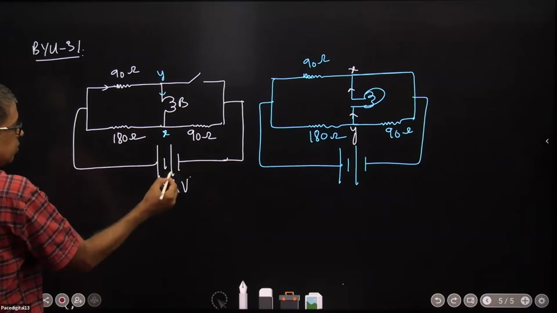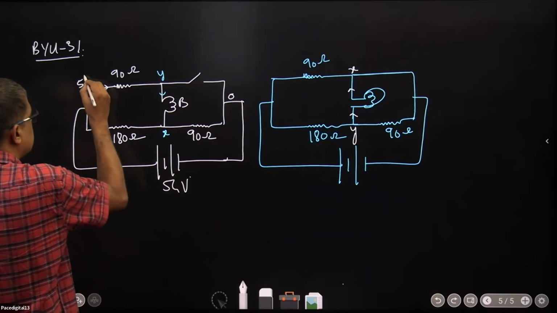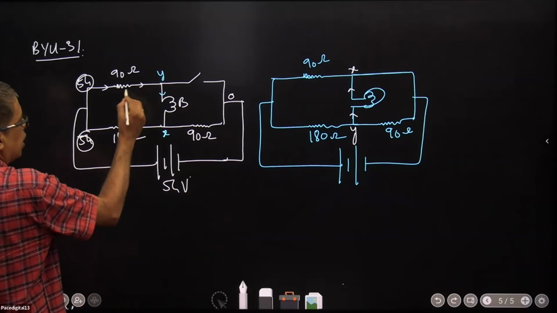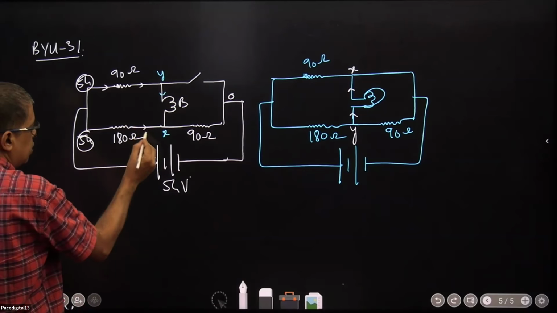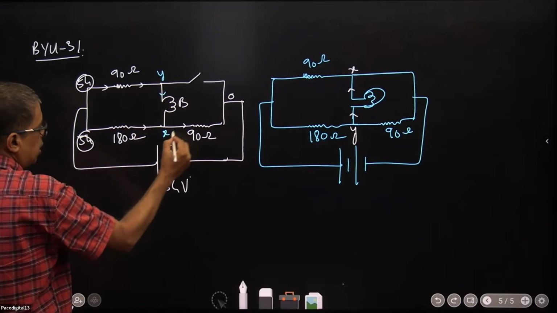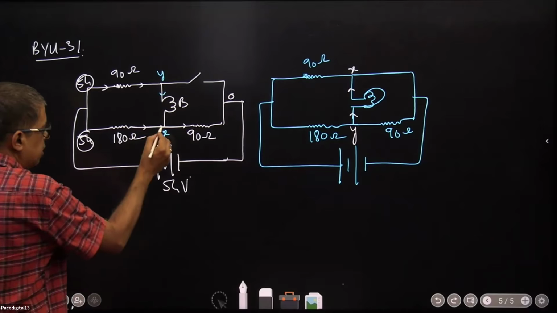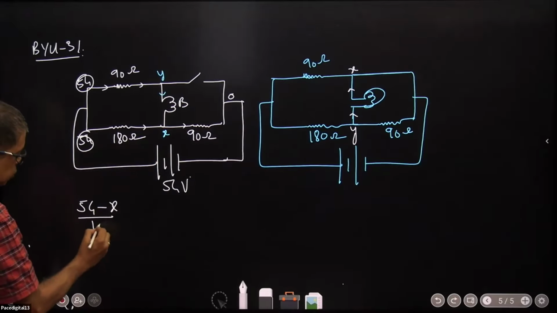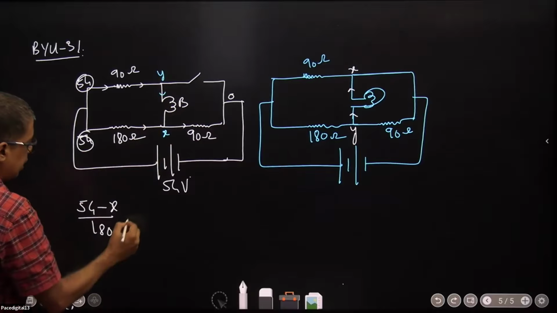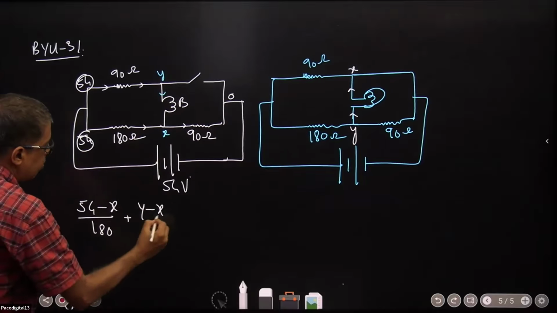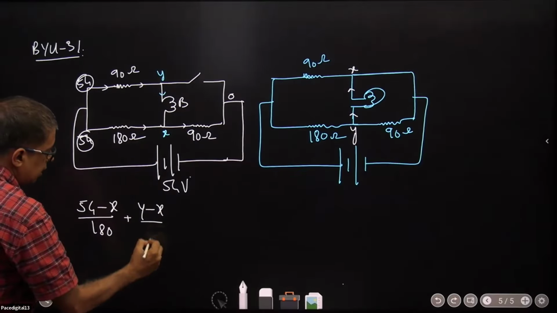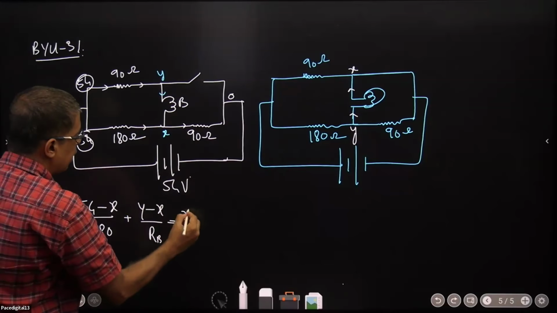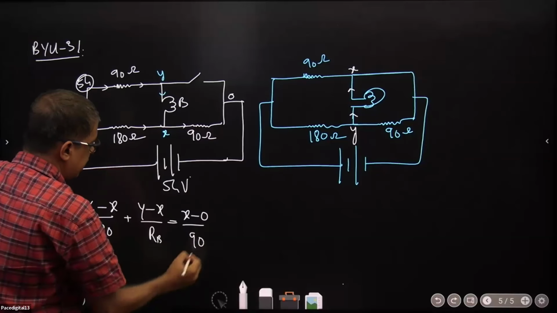Now your life will become simple. Now have a look at it. This is 0. This is 54. This incoming current should be equal to the outgoing current. At this junction, I will apply 54 minus X by 180 incoming current plus Y minus X by the resistance of the bulb should be equal to X minus 0 by 90.